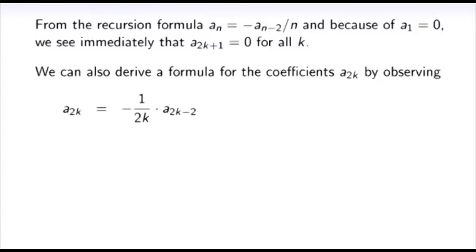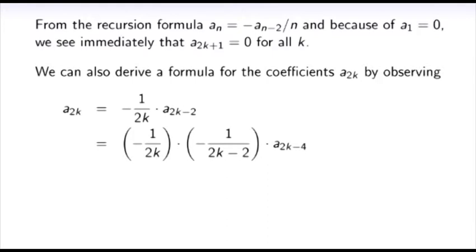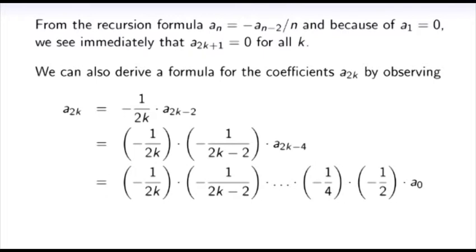And now I use the formula again for a2k minus 2. a2k minus 2 is 1 over 2k minus 2 times a2k minus 4 with a minus sign, and so on and so on. And if I go back all the way to a0, then in the end, I get that a2k is a product of 1 over 2k, 1 over 2k minus 2, and so on, until we reach 1 over 4 and 1 over 2.